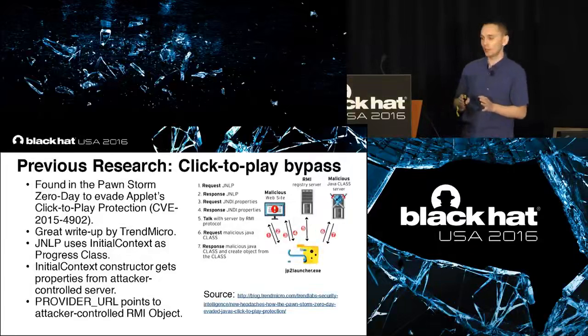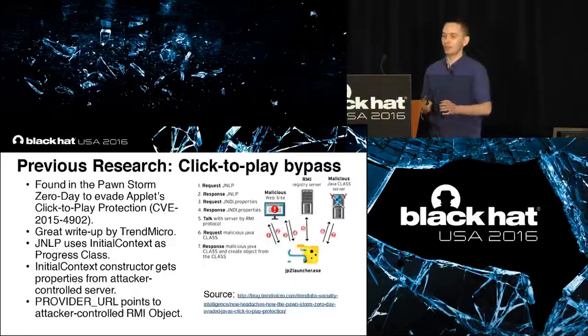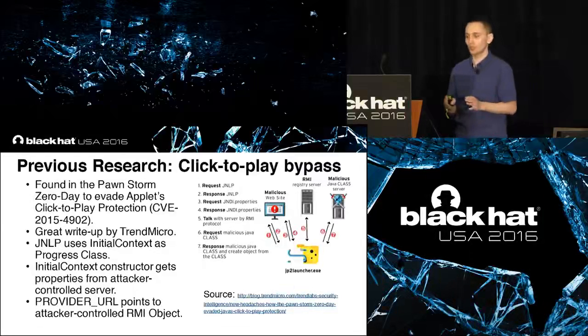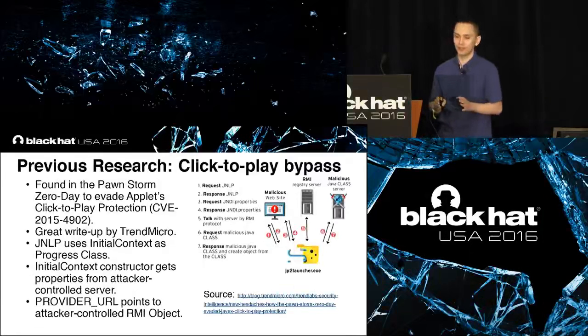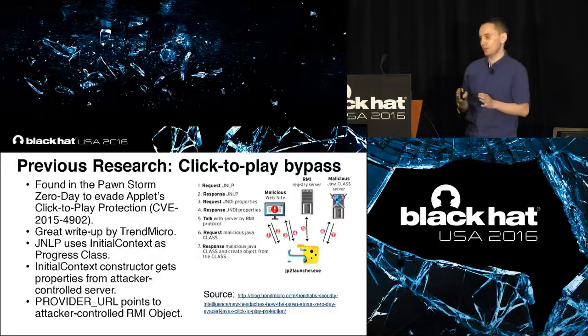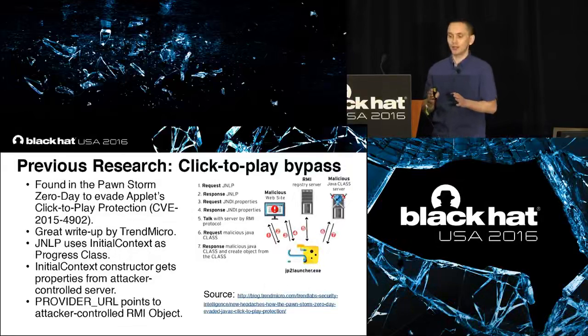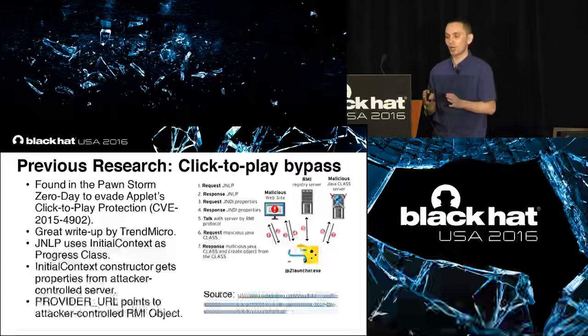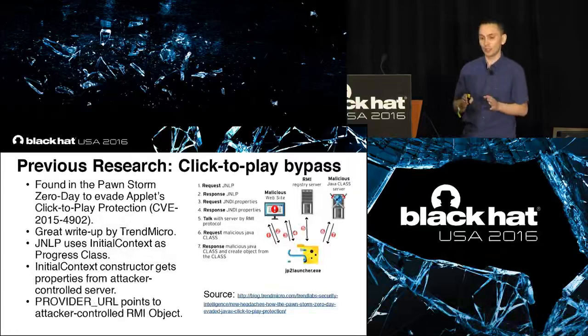When a victim opens this HTML page, a new instance of the initial context will be created with properties from our web server. At the end of its initialization, the victim will look up an object from our RMI server.